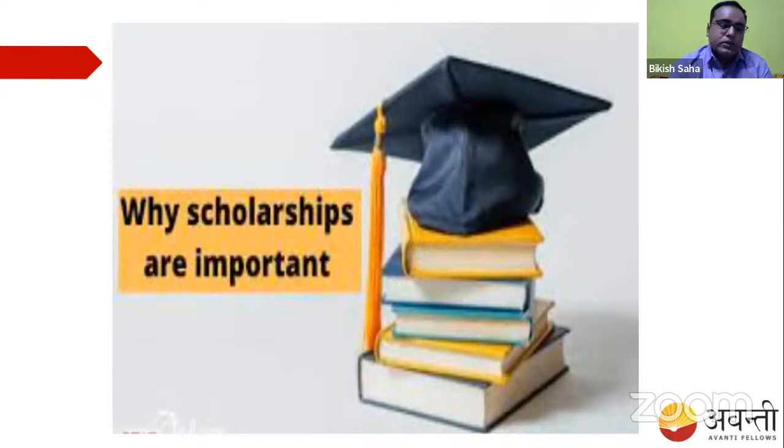It's not only about financial support; mentorship support, support for getting into a good job, and mentorship during your course and academics also come under scholarships. But the main and important part of a scholarship is the financial support.